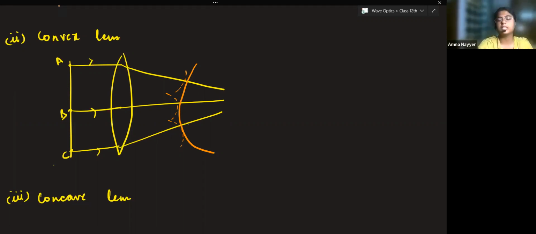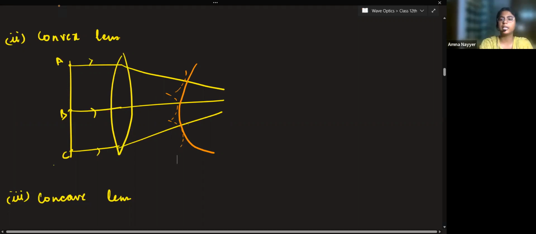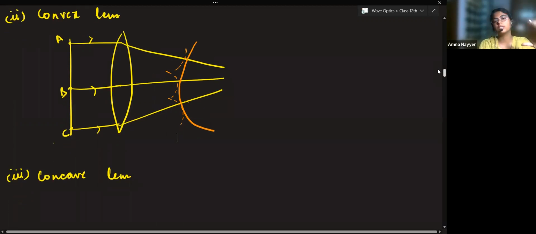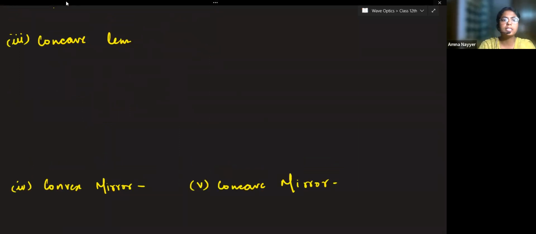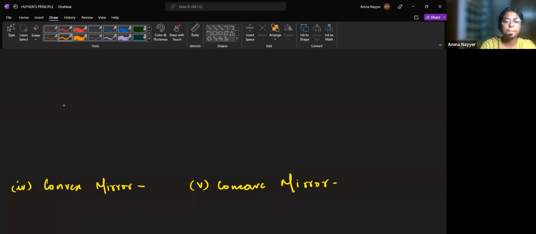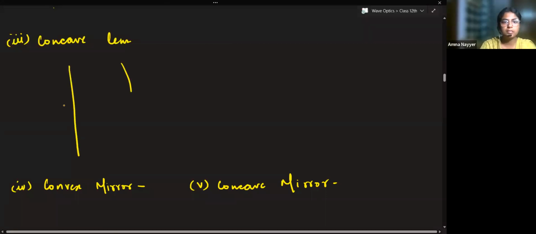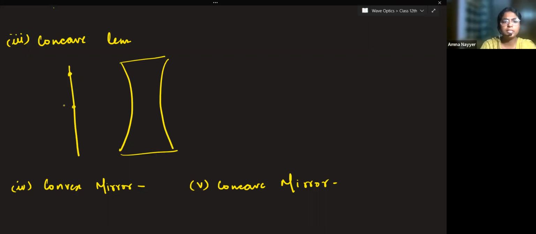Now let's take the opposite. Let's take it for a concave lens. This is basically a converging wavefront that has been obtained. Let's say concave lens, with a plane wavefront. Again, 3 random points I'm choosing. Now see what will happen.